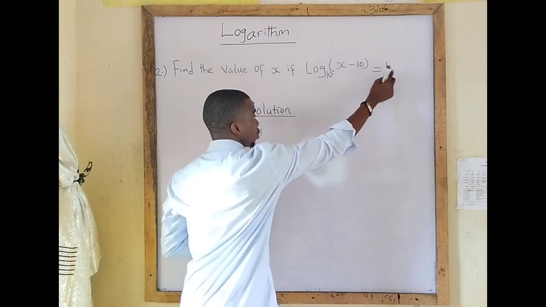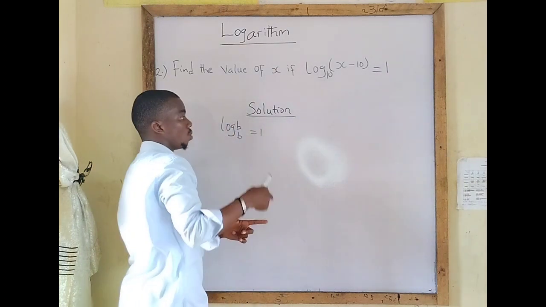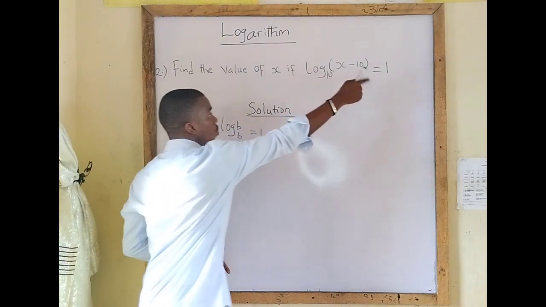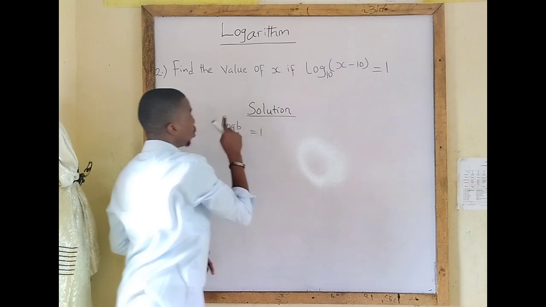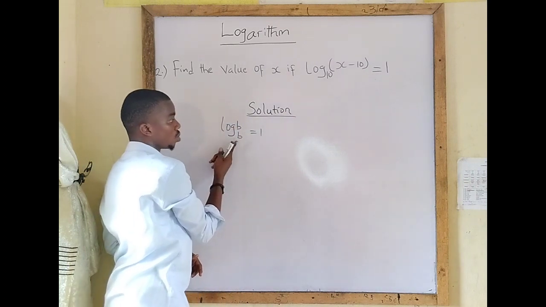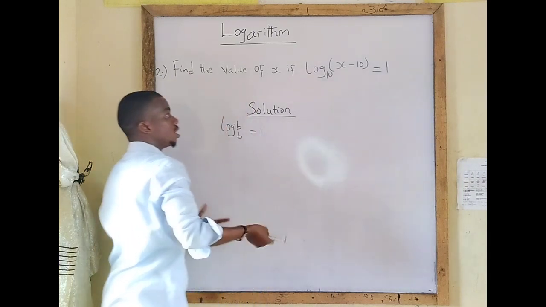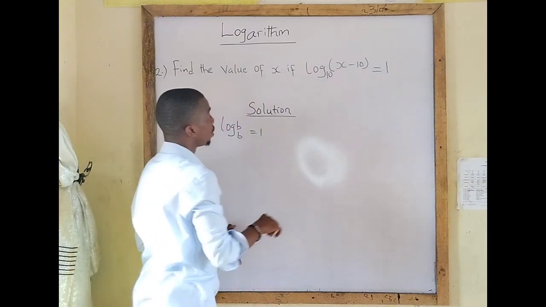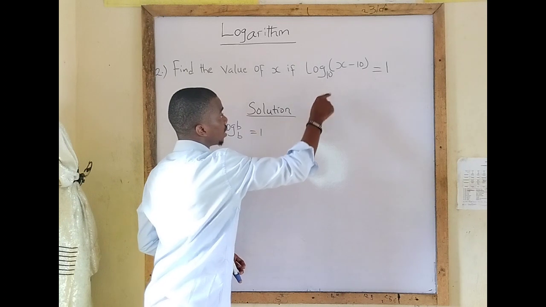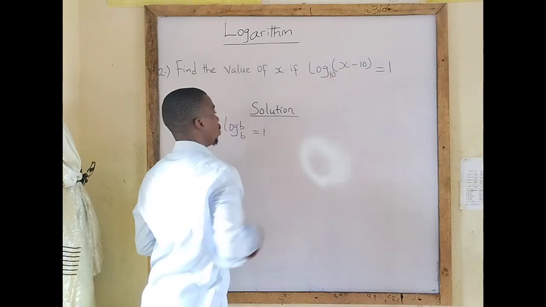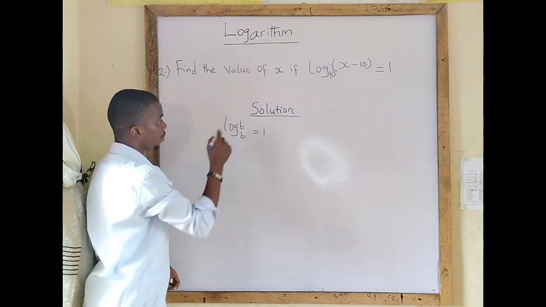We take the 1 a step backward, because the 1 came from log to its own base. So we write 1 as log to its own base, and it cannot be any other base than base 10.